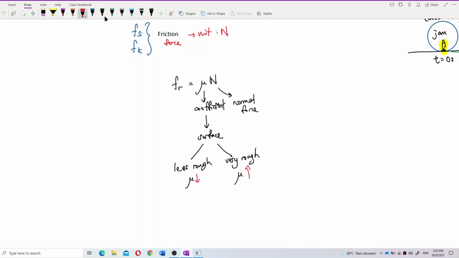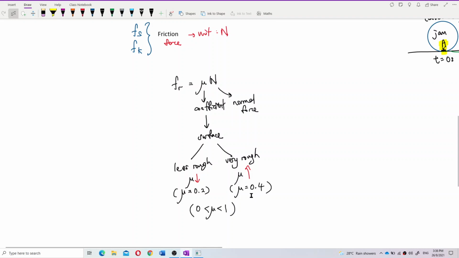Normally this mu value must be between 0 and 1. For example, a less rough surface may have a mu of only 0.2, but a very rough surface, the mu can be 0.4. Understand? So the very rough surface has a high mu, and the less rough surface has a small mu.